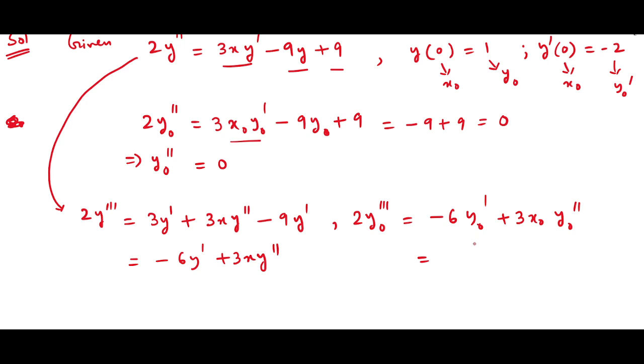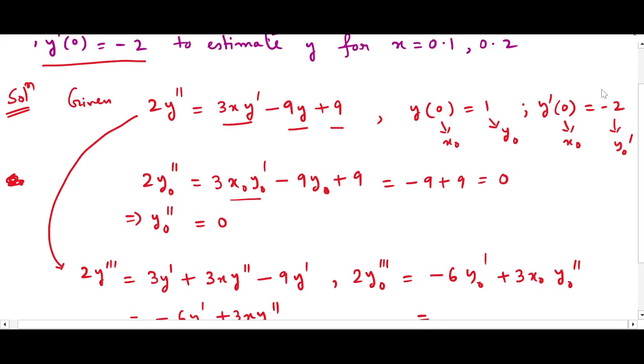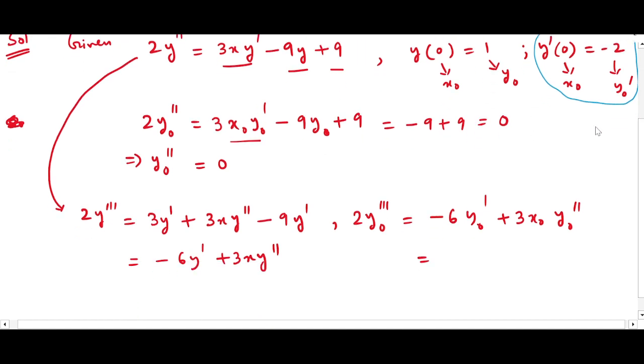y naught dash, just now we got, no, y naught dash is given in the question. You see, I'm talking about this term. This term is already given in the question. This is our y naught dash. So from here you'll get y naught dash. y naught dash is how much? Minus 2. So it's minus 6 into minus 2.